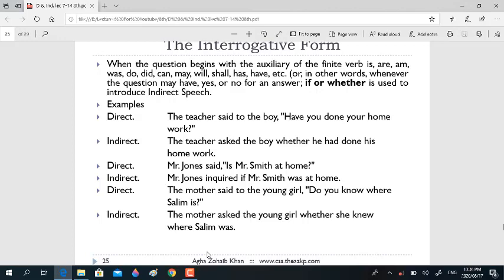Okay, I have another sentence, just jot it down. He said to me, is he going to Sargodha tomorrow, or is he going to Lahore tomorrow? Okay, thank you. Just change them into indirect, right? Thank you.